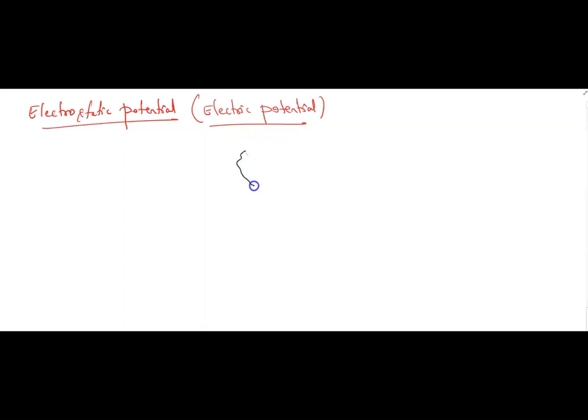Okay, let me say this is the area. We have one unit charge here. I want to bring that unit charge from infinity. This point is infinity. We don't know where exactly it is; it is present at infinite distance.